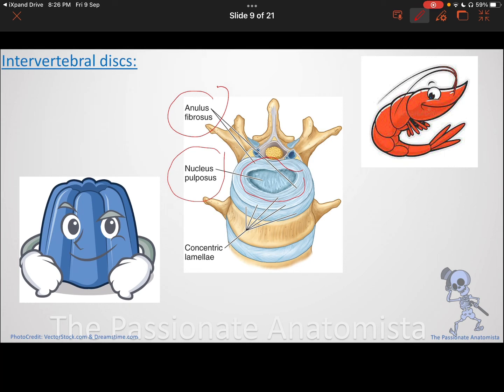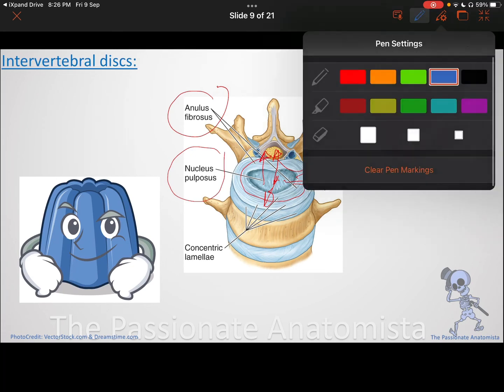We need to give support, but at the same time, we need a firm kind of support, because we don't want this gelatinous material to come out of its place. And that happens whenever we do wrong movements to our bodies. And whenever we get cracks, God forbid, in the annulus fibrosus, the gelatinous material can ooze out of it, and that is going to happen mostly in the posterior side, and that will compress on the spinal cord, like we mentioned previously.